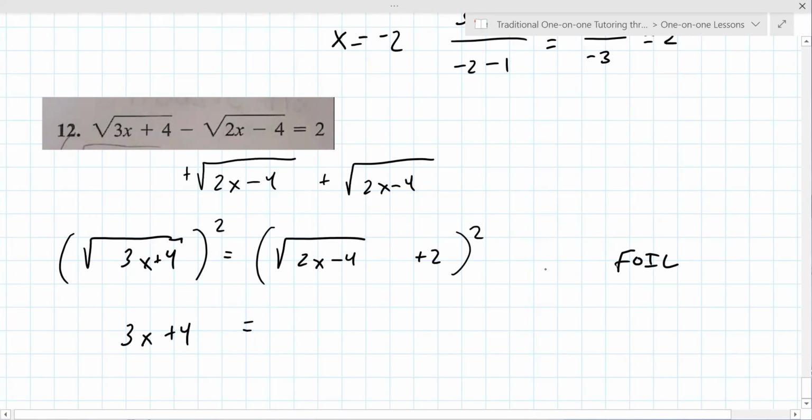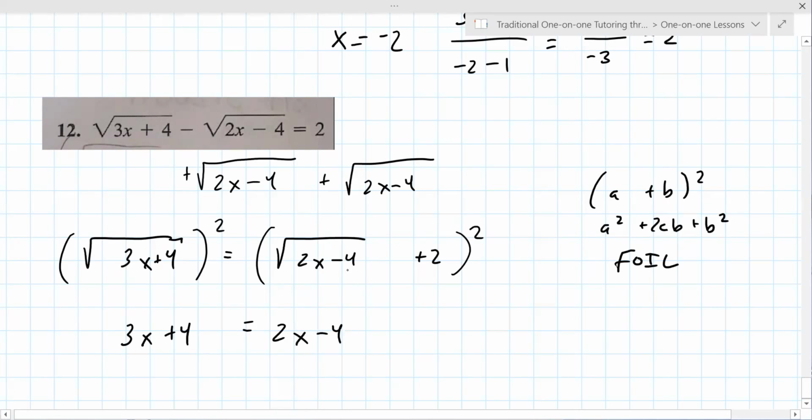If you're comfortable, we can just use the (a plus b) squared formula, which is a squared plus 2ab plus b squared. Are you comfortable with that here, or do you want us to show it as FOIL? Whichever one you think is easier. Well, I would rather you know this formula because it'll help you, and it's quite straightforward. You square the first, so that's 2x minus 4.